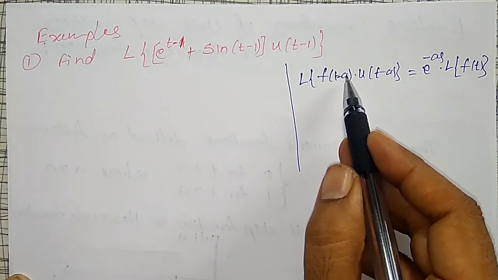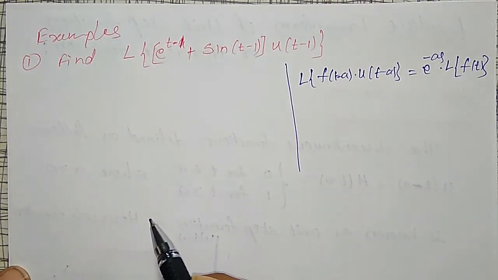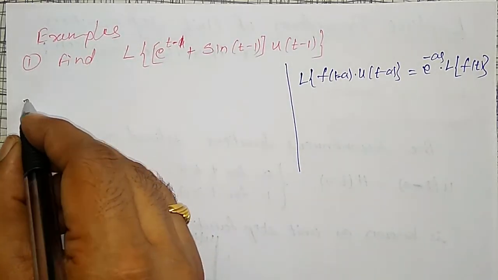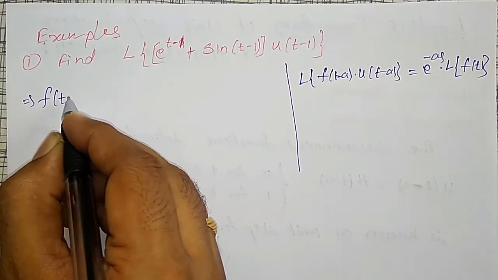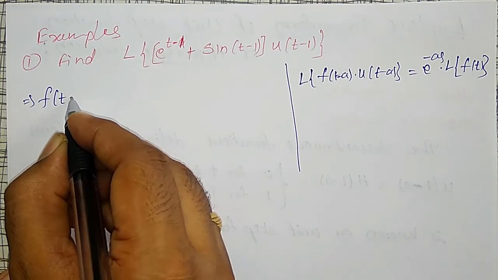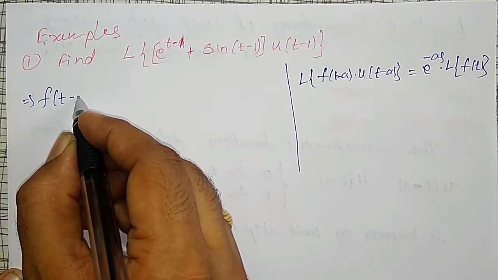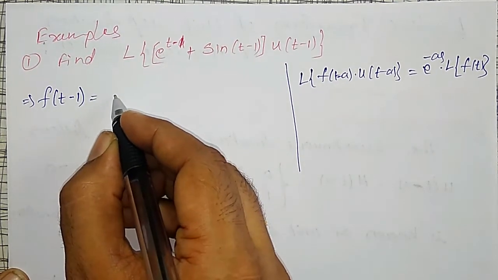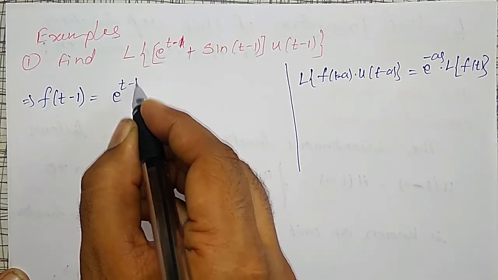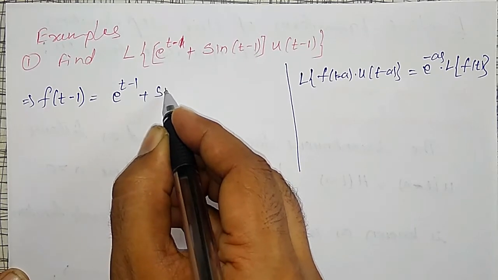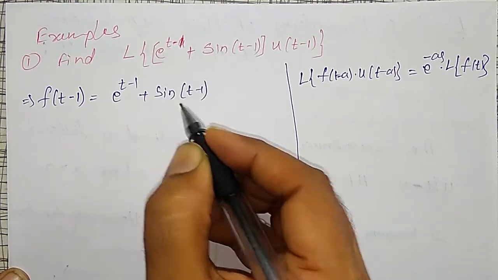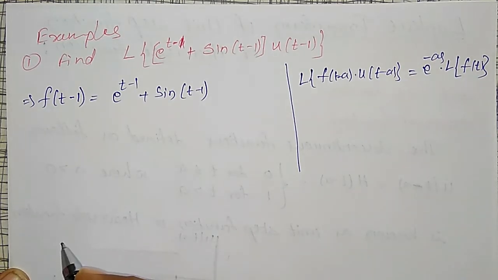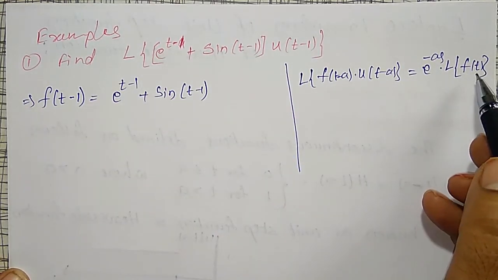If f of t minus a is given, I have to find f of t. Comparing the left hand side with this one, my f of t minus a, with t minus 1, is e to the power t minus 1 plus sine of t minus 1.